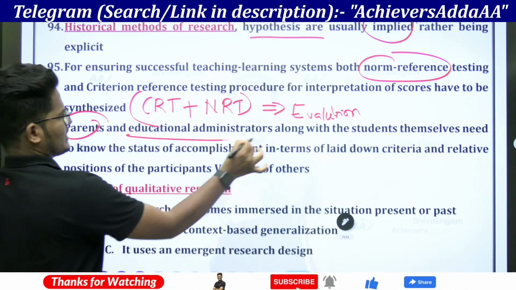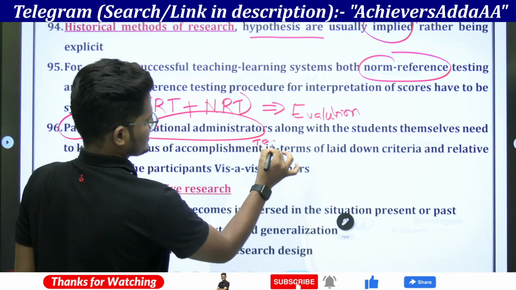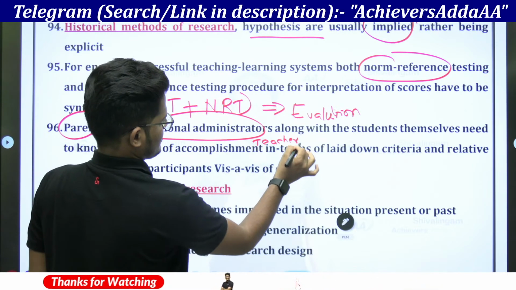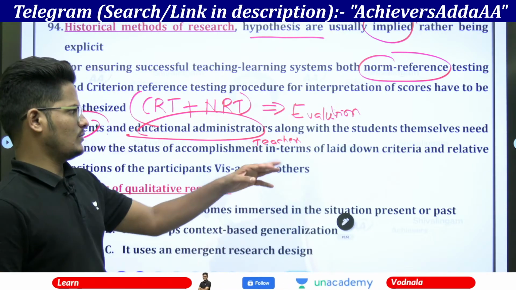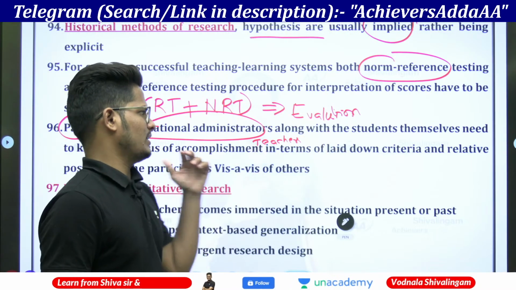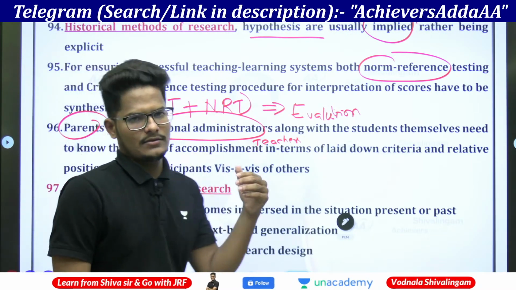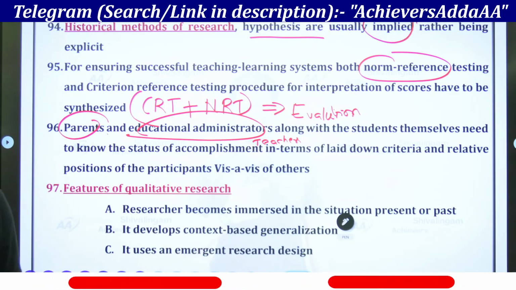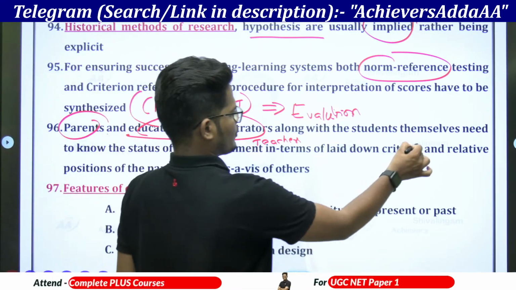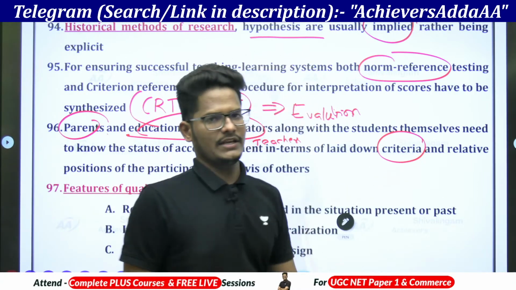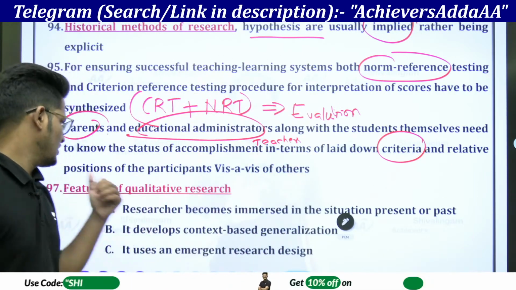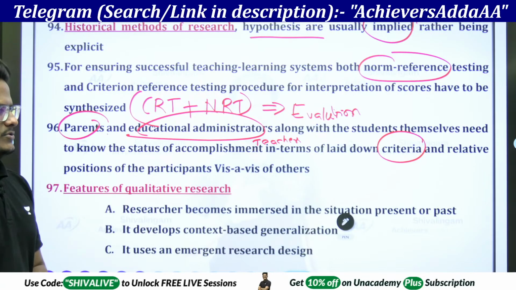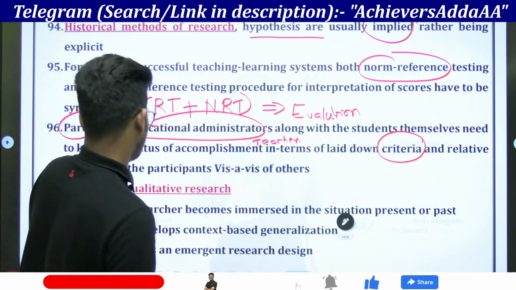Parents and educational administrators means teachers and principals, like headmasters, who are the authorities. Along with the students themselves, they need to know what they are doing and what they are achieving. Whether they are going as per the criteria requirement of the class or the study or not, and the relative positions, their ranking and all, will be known in this.